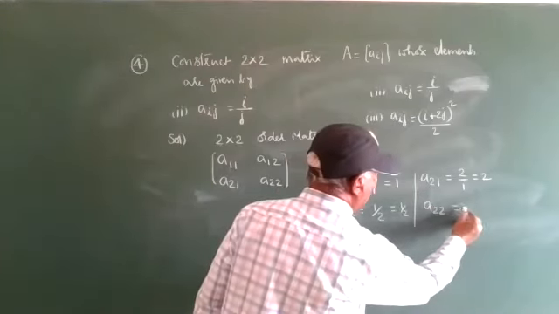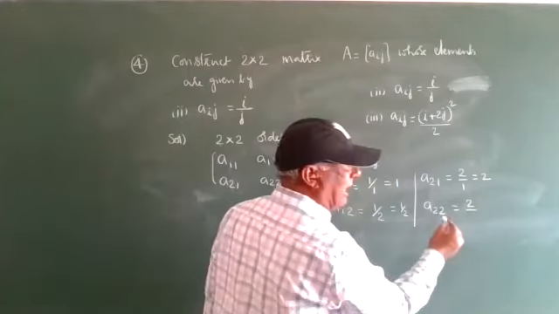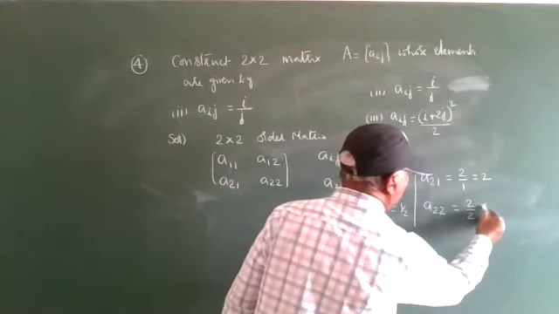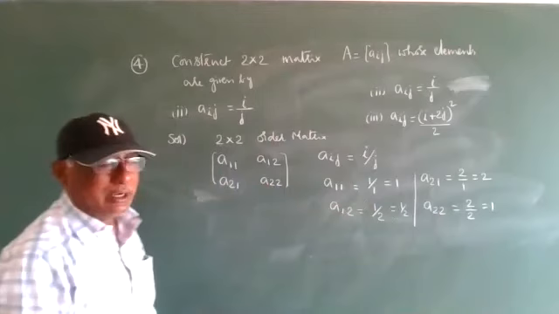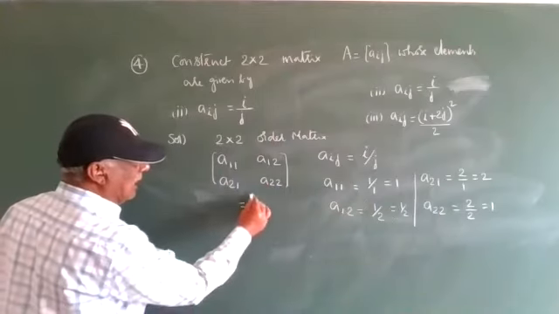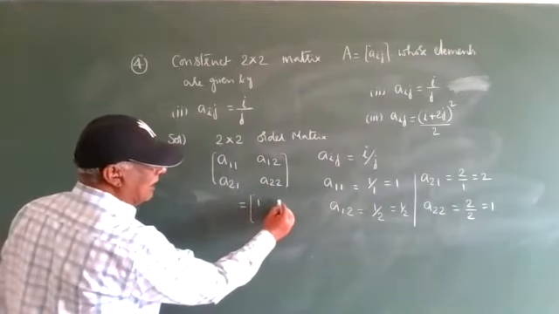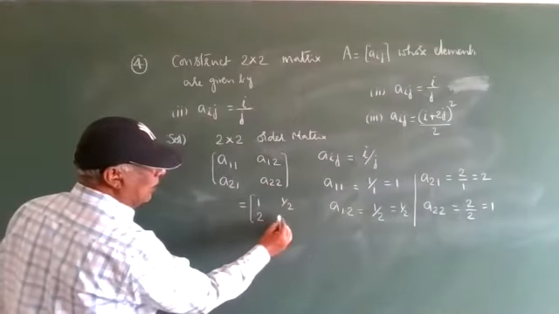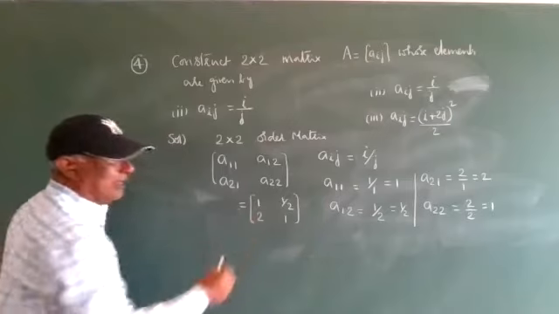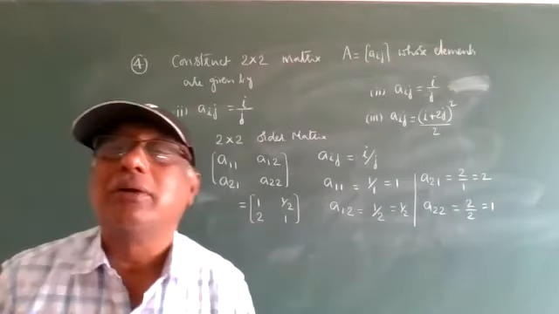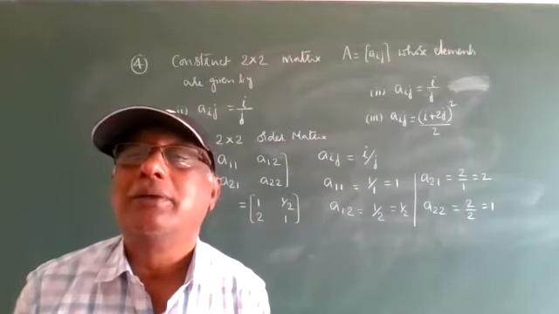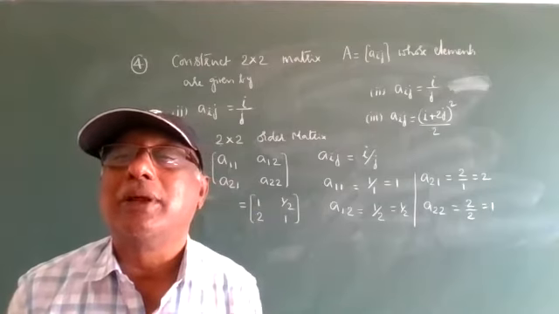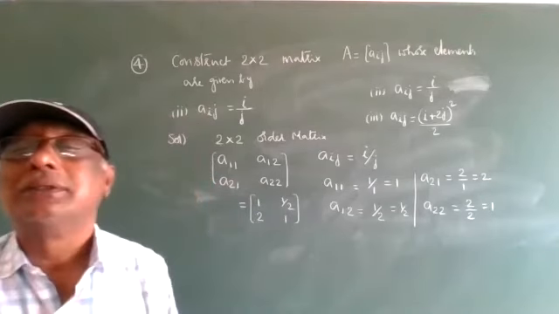A22: i is 2, j is 2, so its value is 1. So A11 is 1, A12 is 1 by 2, A21 is 2, A22 is 1. Very good, everyone is giving the correct answer.